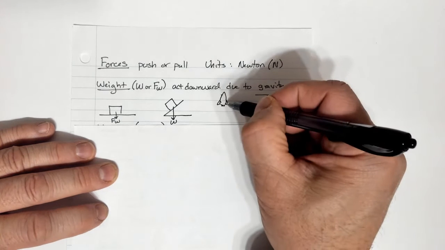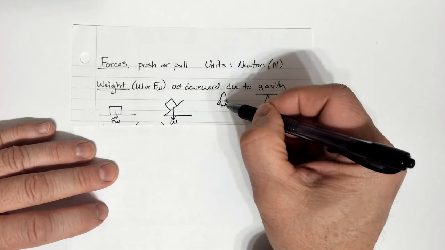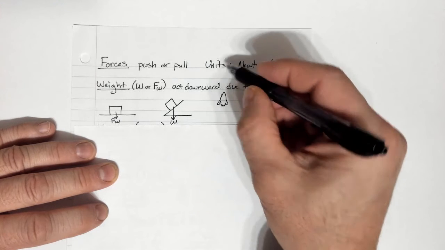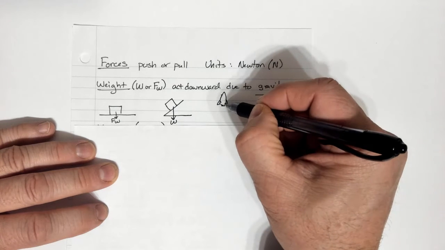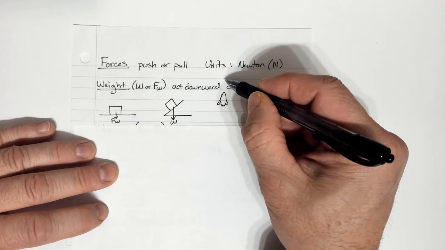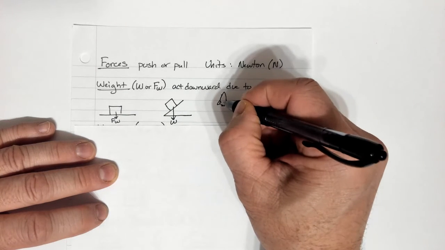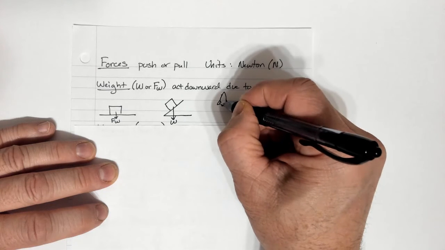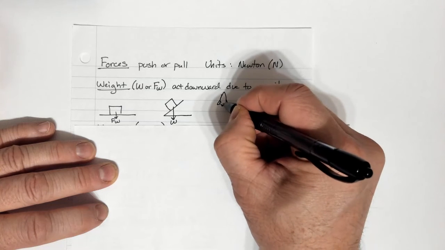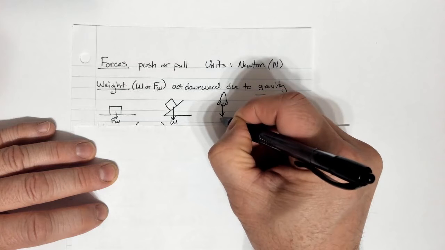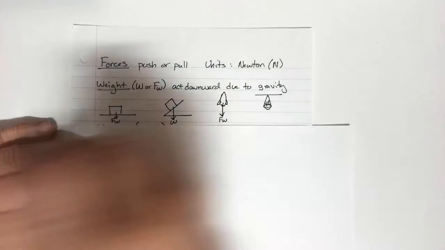Let's say we have a rocket flying through the air. Okay, so this rocket may be trying to travel upward because the rockets are firing. There is a force upward, but we're just identifying the weight. We know there is weight because there's gravity, and so as long as this rocket is near a planet, there will be a force of weight downward. Okay?